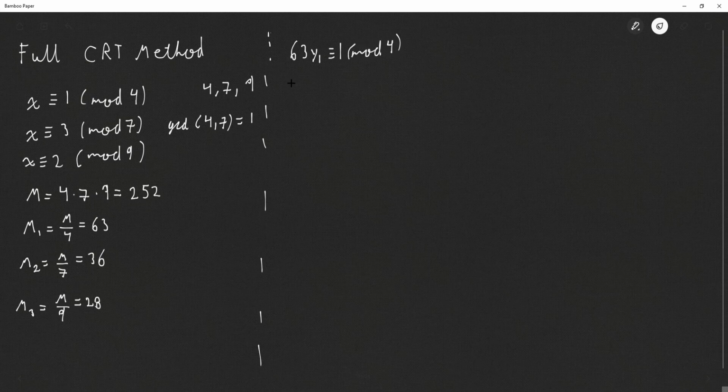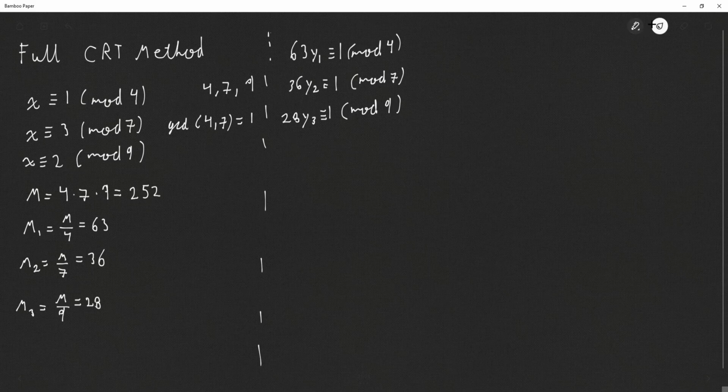And then we need 36 y2 is congruent to 1 modulo 7. And finally 28 y3 is congruent to 1 modulo 9. So we're going to solve them each one by one.